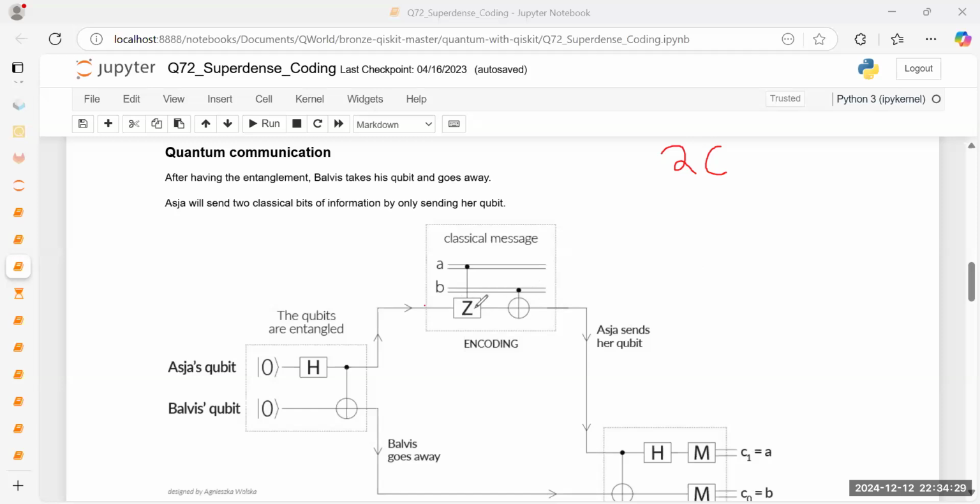We have two gates here, the Z gate and the X gate. Let's say Asja wanted to send the values 00 to Balbis. So we have two classical bits here, 00, and she wants to send these two classical bits to Balbis.